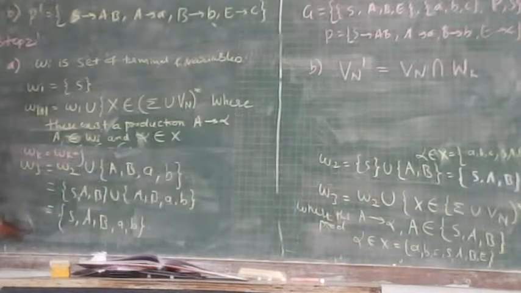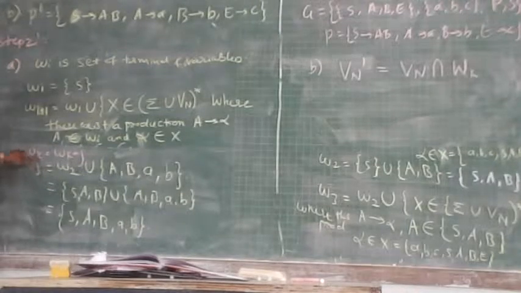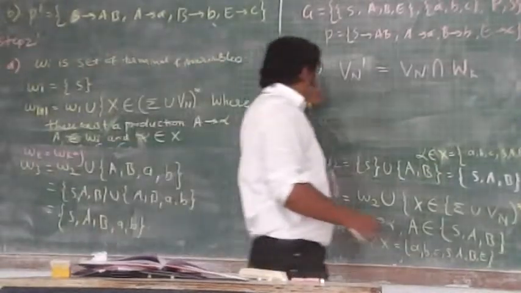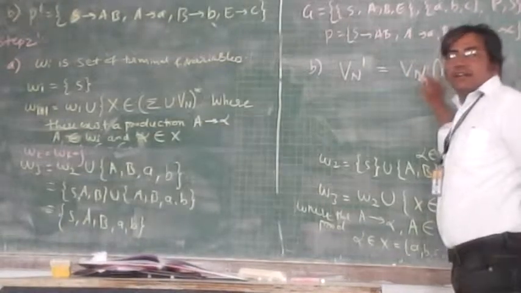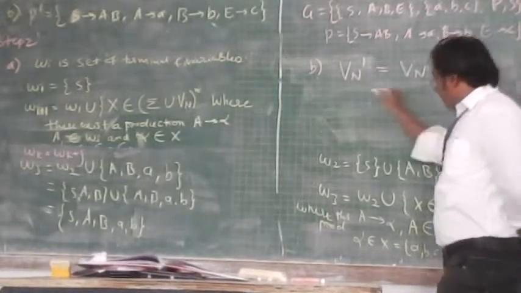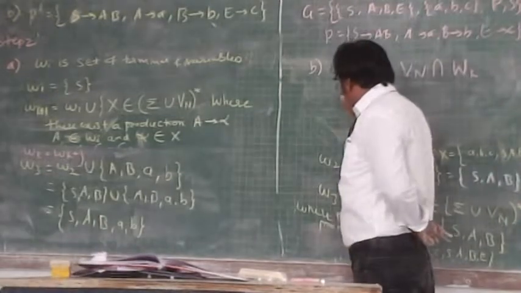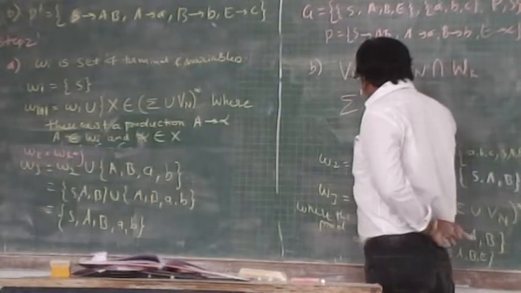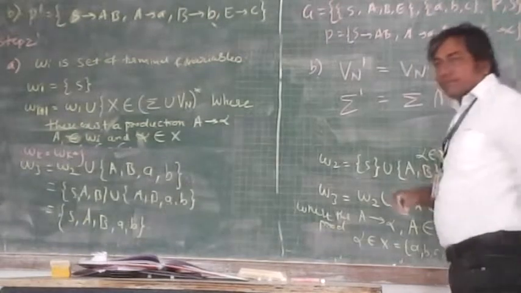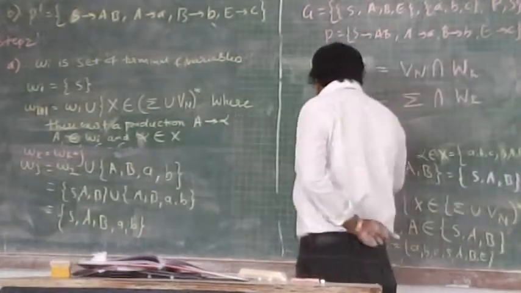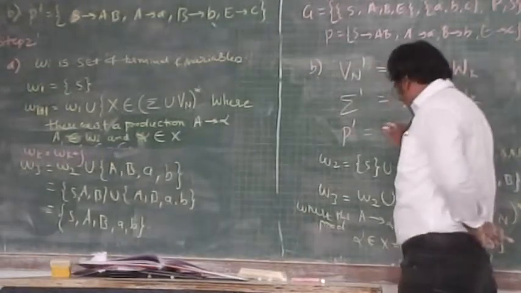If you calculate W4, you will get W4 equivalent to W3. So the last W we calculated, that Wk you have to consider. Just do the intersection of Vn and Wk, and you will get Vn dash. Calculate sigma dash. Sigma dash is equal to sigma union Wk. And P dash you will calculate.